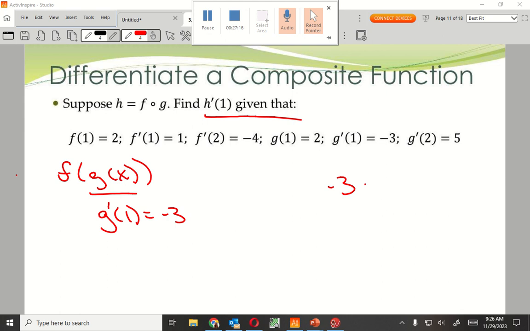It should be f prime of, here it is. Sorry. Okay, f prime of 1. So f prime of 1 is 1. So the derivative of the inside times the derivative of the outside, right? So the two derivatives multiplied give me -3. And then you did the outside. Yes. Okay.